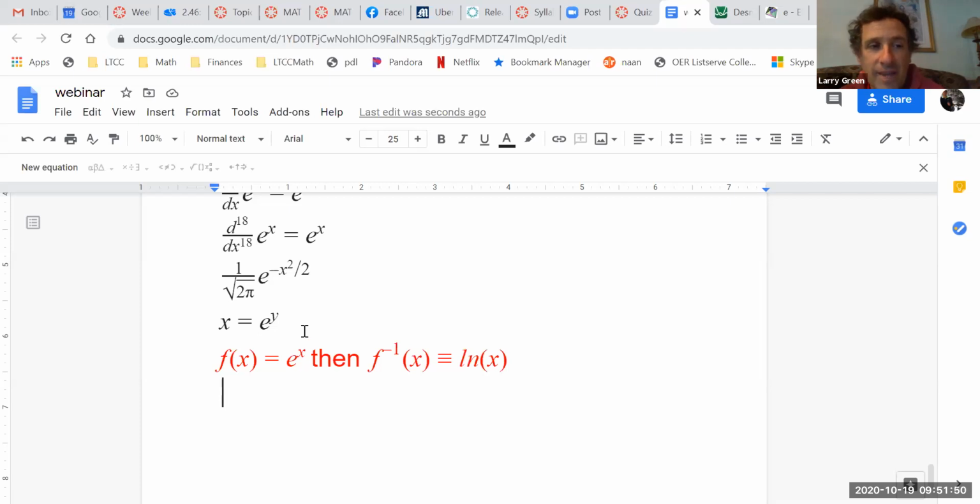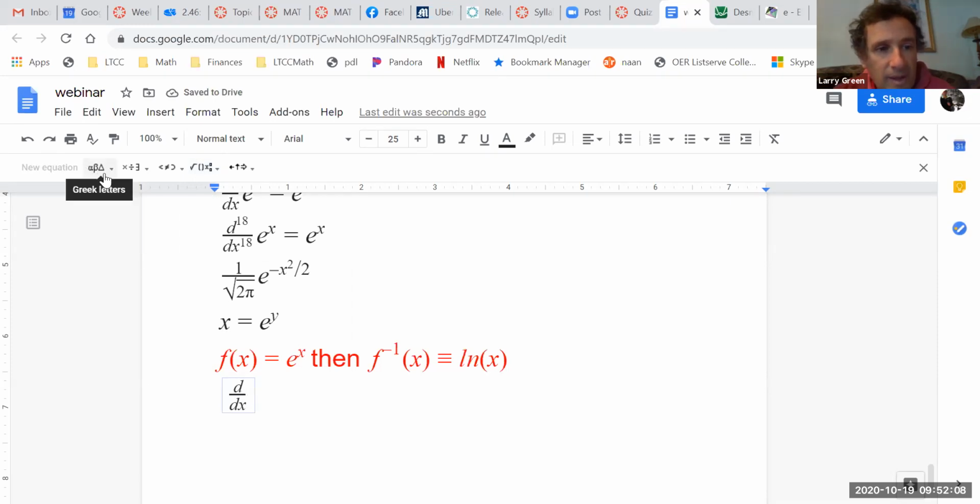Well, we know how to do that. The way you find the derivative of ln of x is the derivative of the inverse function. Let's write this down. d over dx of ln of x, or let me do it in general first. f inverse of x is equal to, but we had a formula just last week.